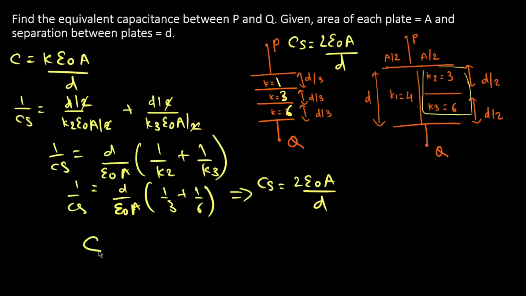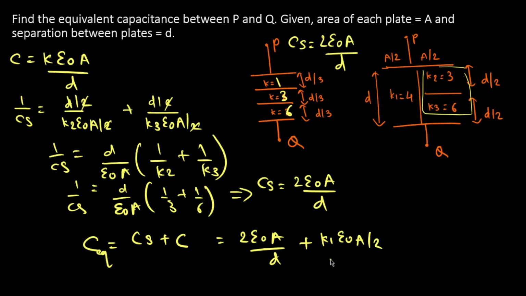So the total capacitance C is equal to the equivalent Cs plus the other capacitor. That is 2 epsilon naught A by D plus, now this capacitor has dielectric K1 and epsilon naught, area A by 2, with distance between the plates D, and K1 is given to us as 4.